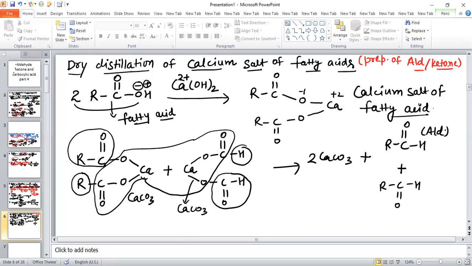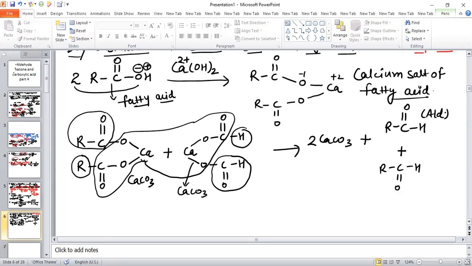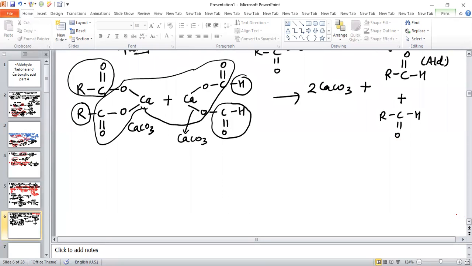So in this way the product is obtained. Now see another reaction related to this. So now the question is like this. If it is like this, R C double bond O, and this oxygen atom having calcium, and this oxygen atom contains carbon double bond O, and this is basically the R group.